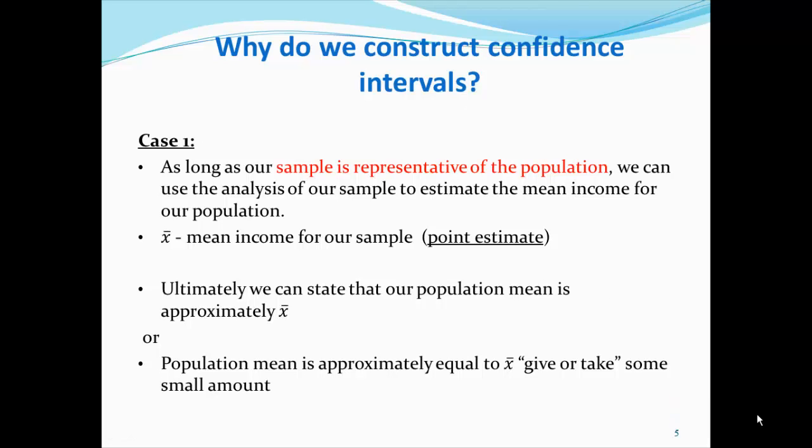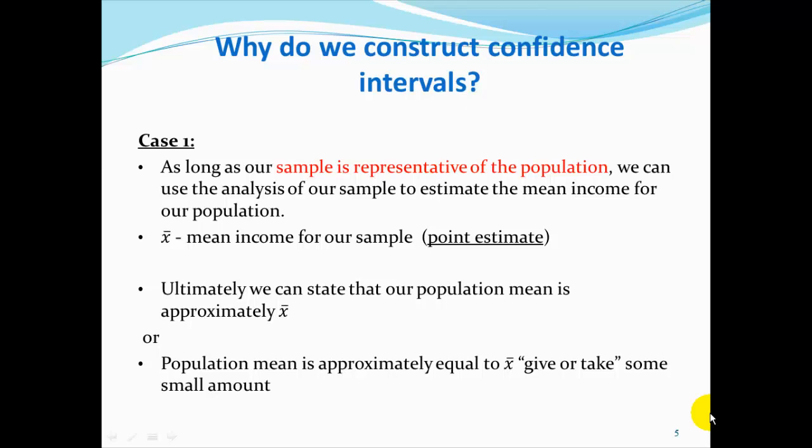As long as our sample was randomly selected in a manner which makes it representative of the population, we can use the analysis of our sample to estimate the mean income for the entire population. In doing this, our sample mean would be considered our point estimate.